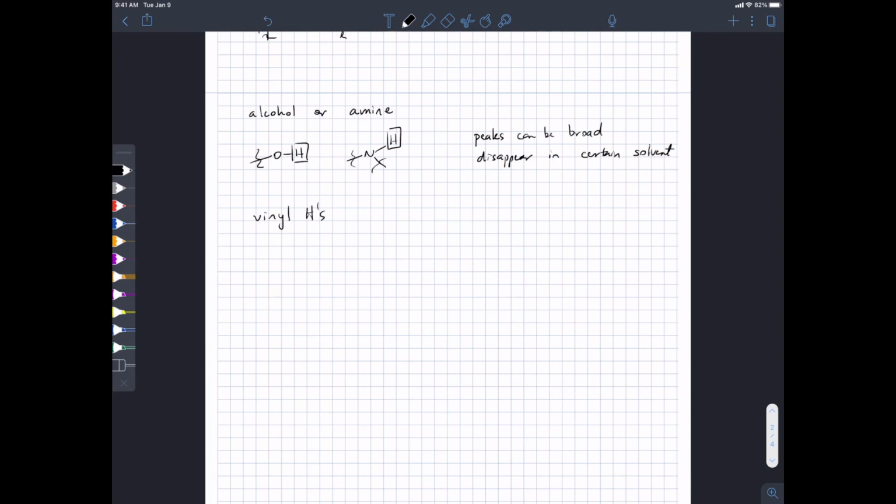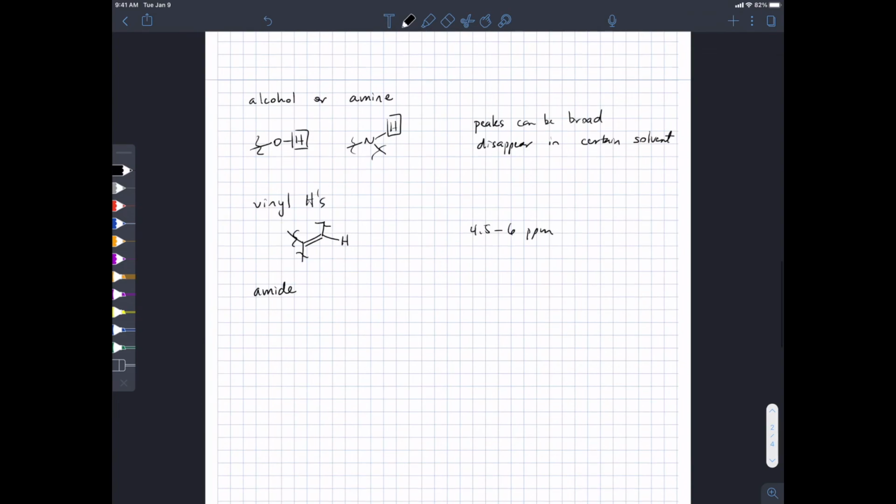Going further down the list, you've got vinyl protons. So these are protons directly attached to carbon-carbon double bonds. Those tend to show up in the 4.5 to 6 region of the spectrum. The functional group that your book doesn't talk about, but that actually is fairly important in biochemistry, is the amide proton.